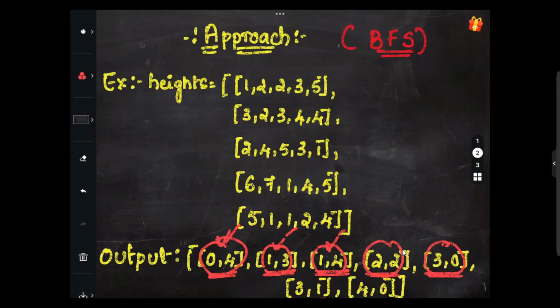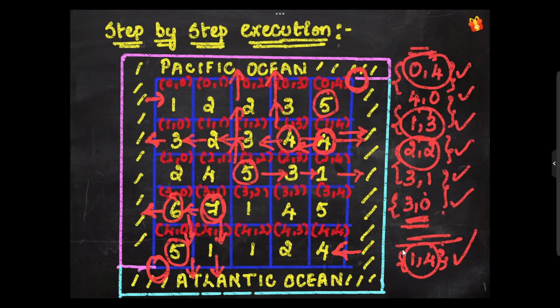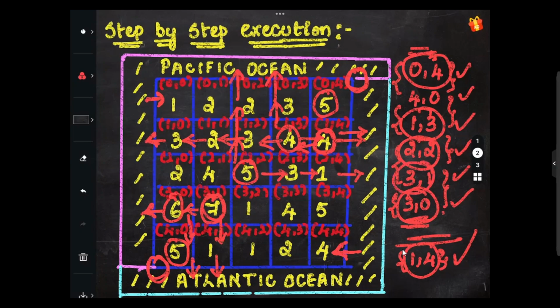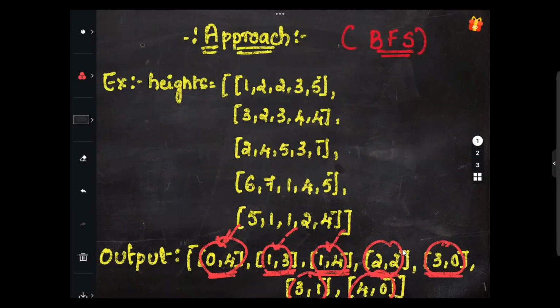So let's check for 3, 0. So here 3, 0 is there. 3, 0 is also present, right? So this is fine. Let's go with the 3, 1 and 4, 0. So here in this case 3, 1 and 4, 0. So see, all the cells that we got here, the answer that we got is equivalent to the answer that they have given for example 1 in the question.